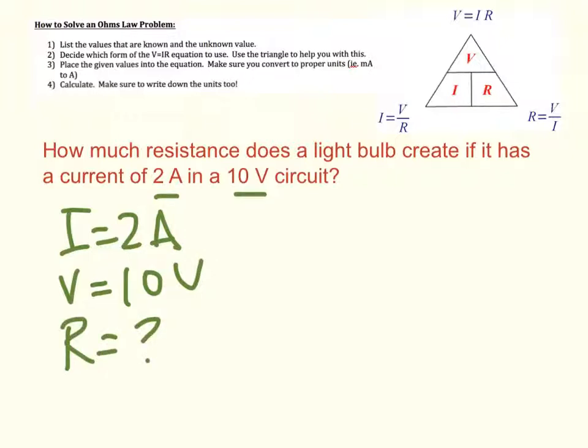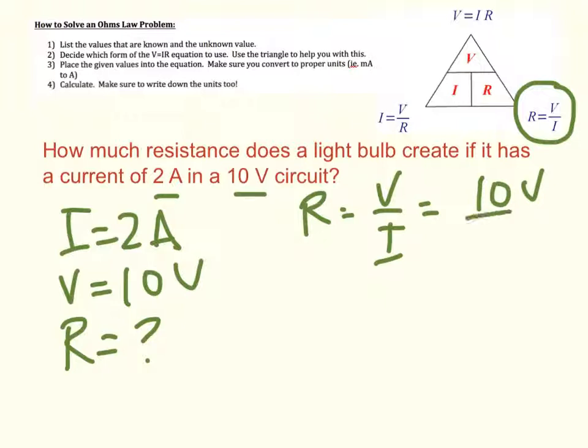It is what they want us to solve for. Because we're solving for resistance, R, we are going to use this version of our formula. I'm going to write the formula again and substitute my values. Then I'm going to calculate 10 divided by 2. It's going to be 5, and our unit for resistance is ohms.